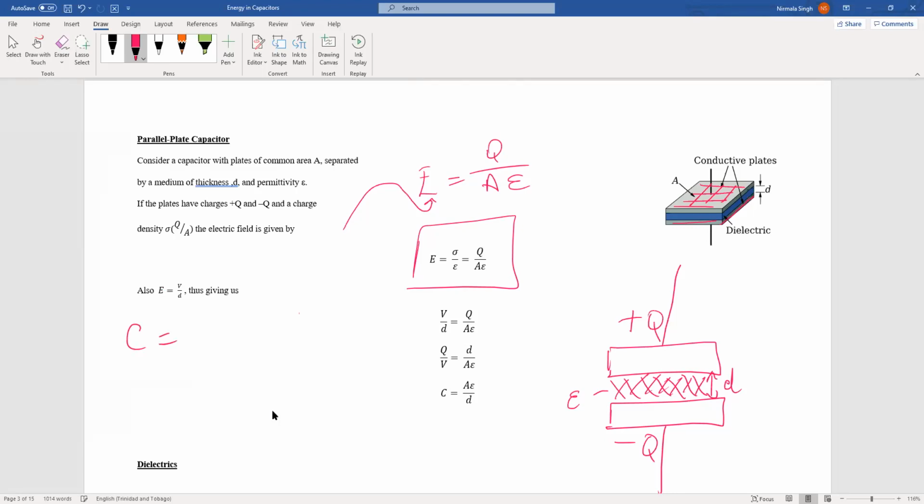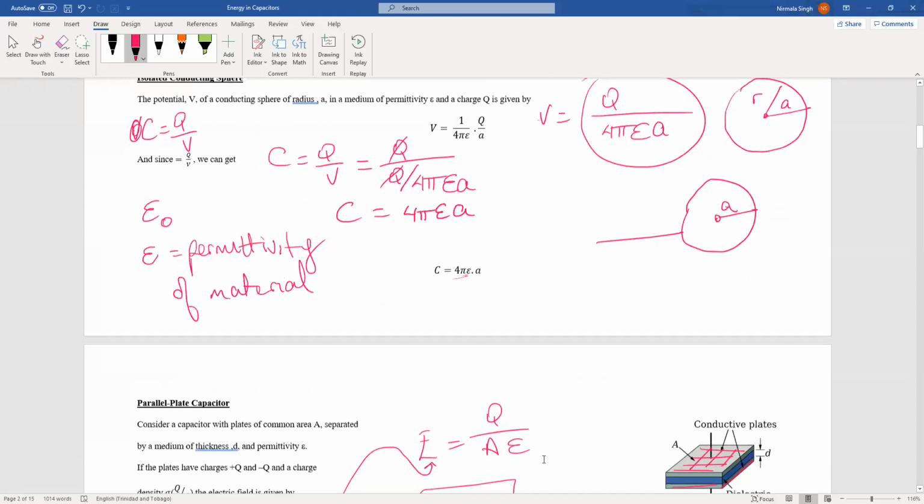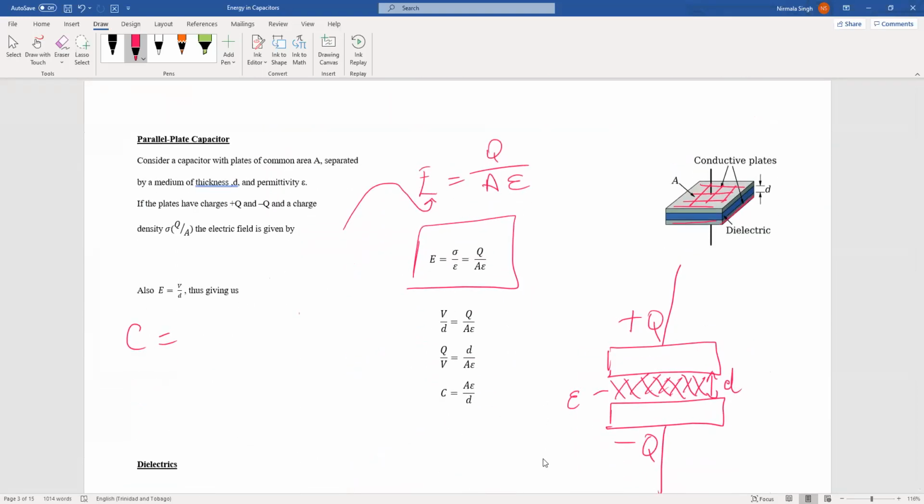C is equal to, let's go up and check again, C is equal to Q over V. So we carry the V. If you want to do this maths, take our time and do it. V over D is equal to Q over A epsilon.